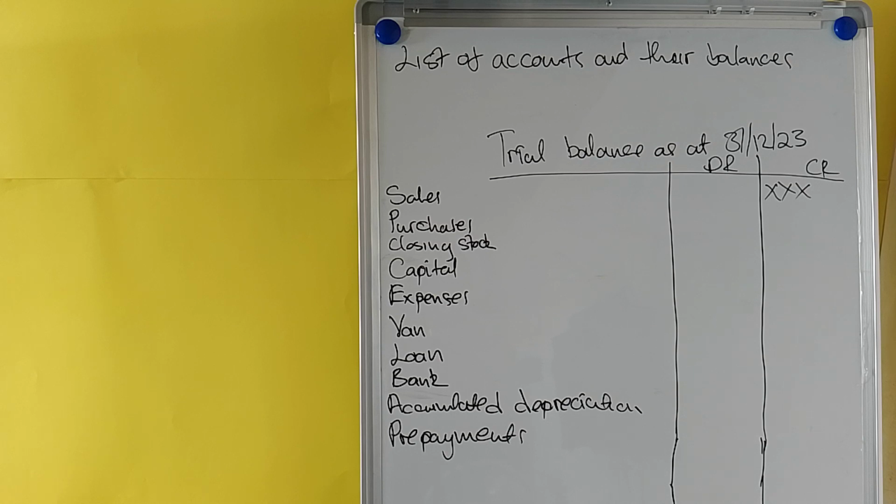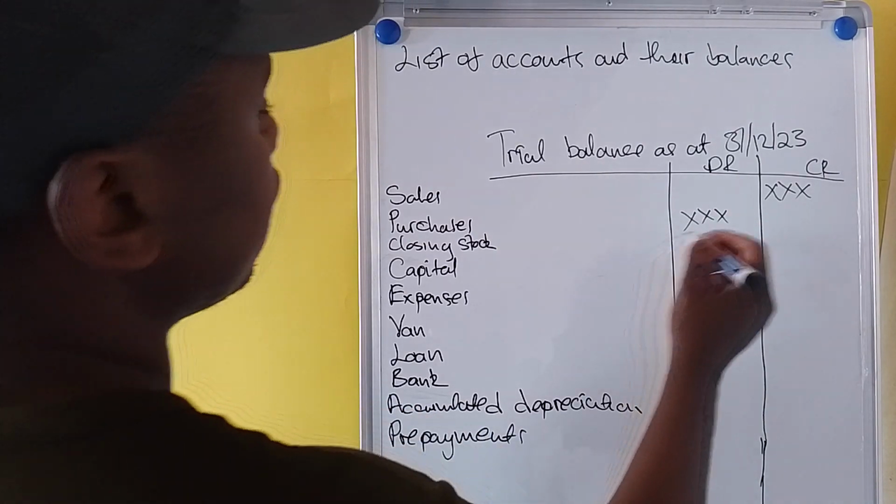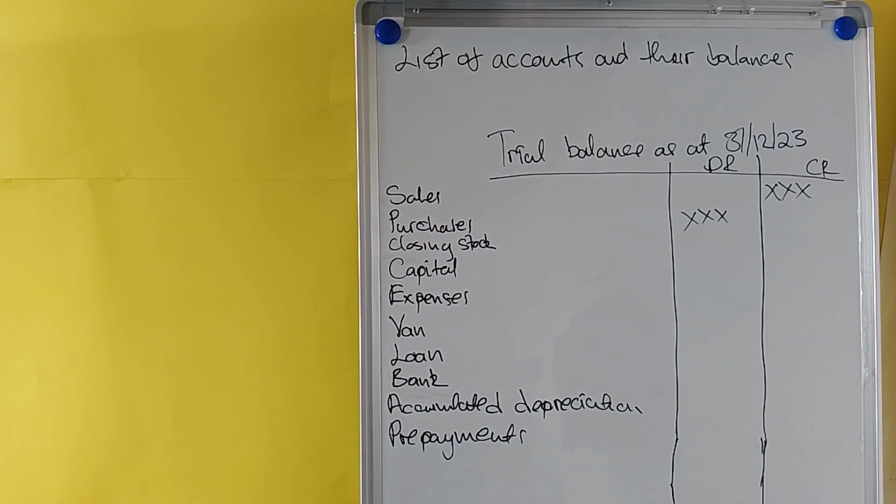We also have purchases. Purchases are the money that we use to buy stock that we use to resell. In other ways, we can put them on the same side as expenses, so they also have a debit balance. Let's just put stars and X's there. Okay, we also have closing stock.